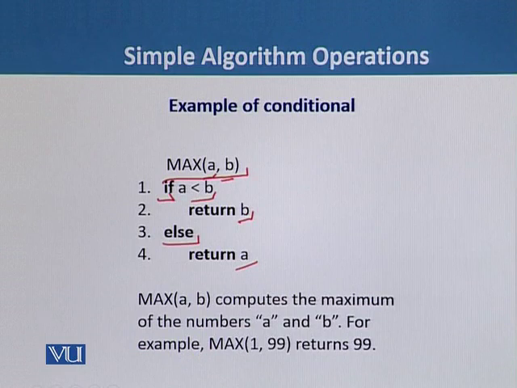So we can see here, maximum of A, B computes the maximum of the numbers A and B. And the example is, if we have to calculate the maximum from the numbers 1 and 99, it's very obvious 99 is the maximum number and it will be returned. It means that our answer will be 99.